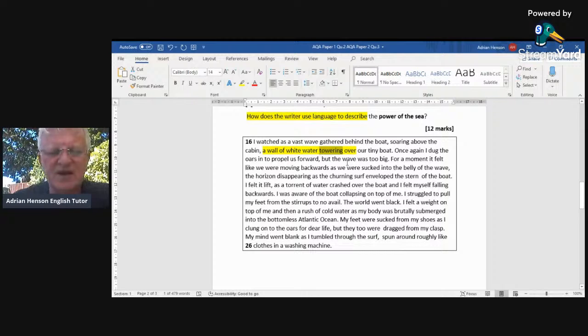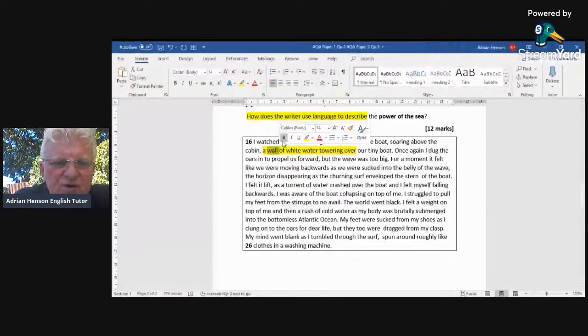But towering is almost intimidating. So when we look at references, a wall of white water towering, it's very important to look at the individual words and describe them in their entirety, one at a time.